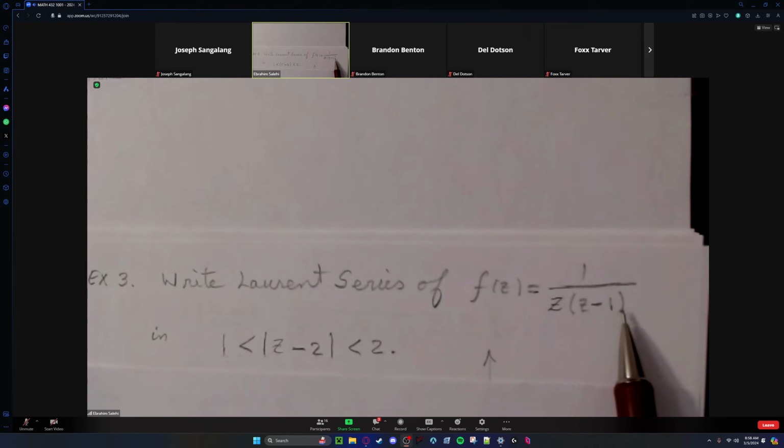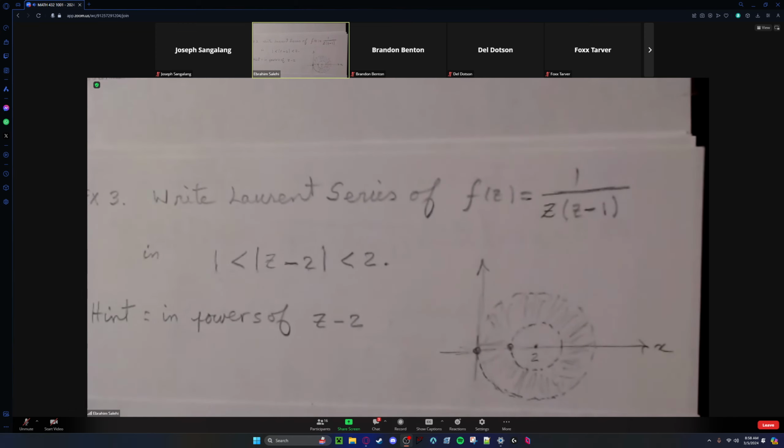But this time, I want to write the Laurent series that is valid in here. Anytime you look at this, right away, you realize that they're asking for the Laurent series in powers of z minus 2.